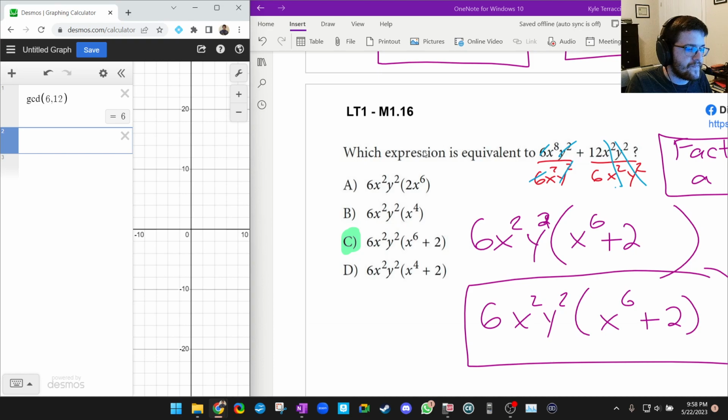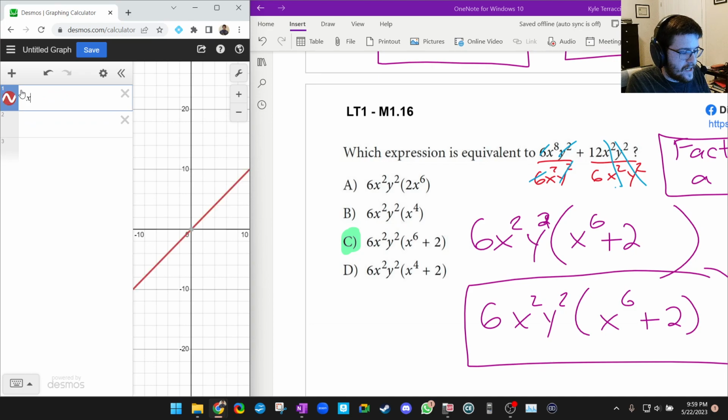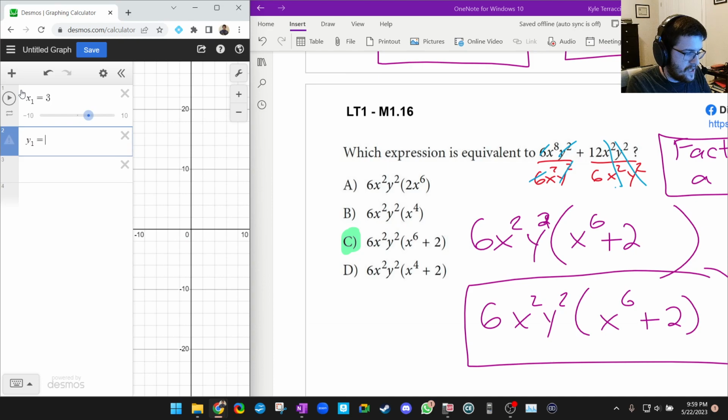You also could have plotted these by setting them equal to 0, or you could have plugged in numbers. Like you could have said, okay, x1 equals 5, x2 equals 3, y1 equals 4, and then you could have typed in all these expressions, right?